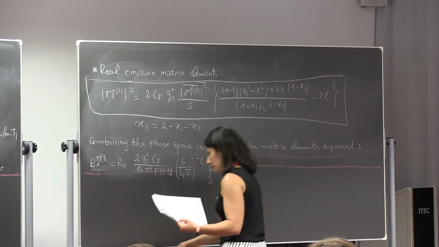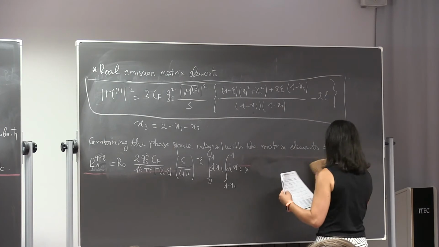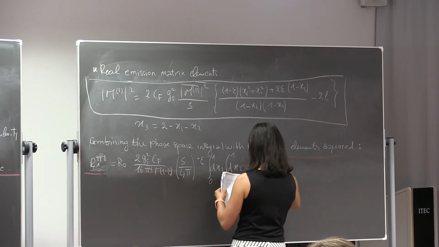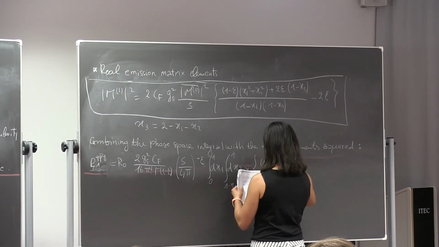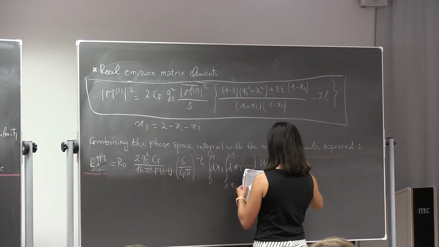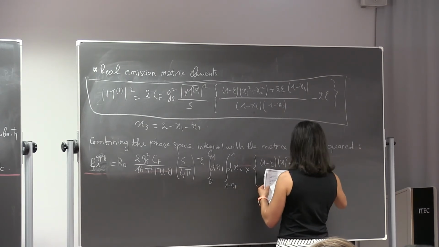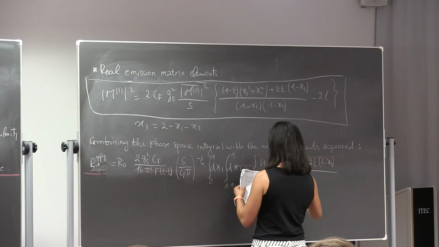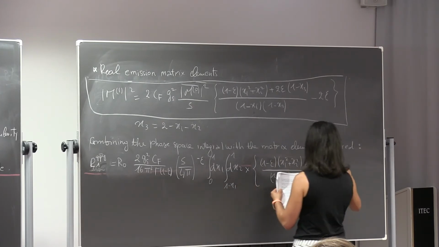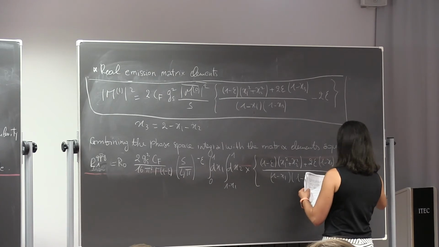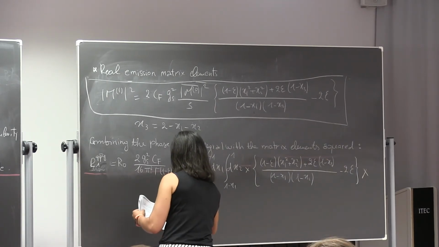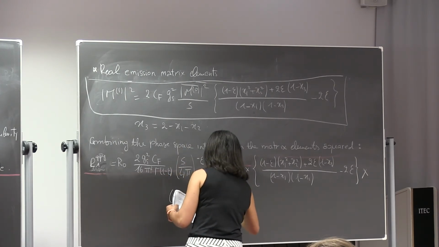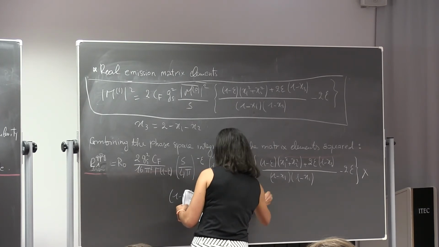And then we have times another factor, which I will write here: 1 minus x1, 1 minus x2, 1 minus x3, all of it to the power minus epsilon.